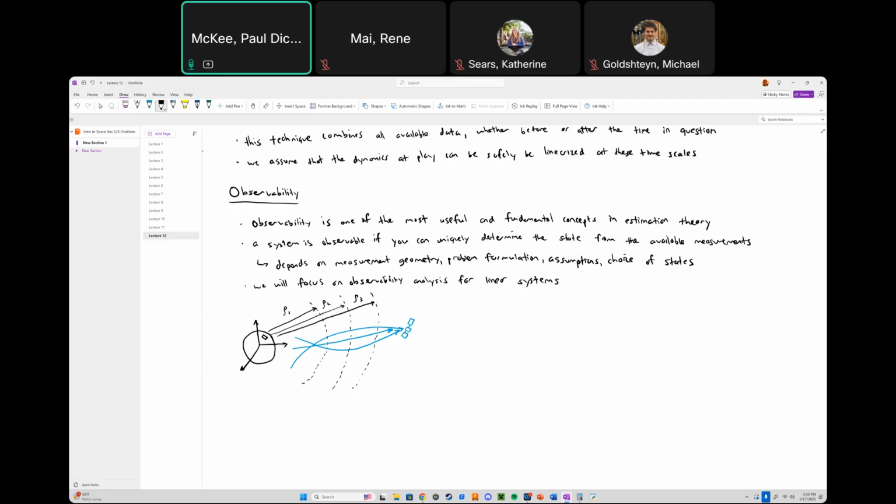Right? Consider the case that you have range estimates of a spacecraft over time. And you're trying to batch estimate its final position.